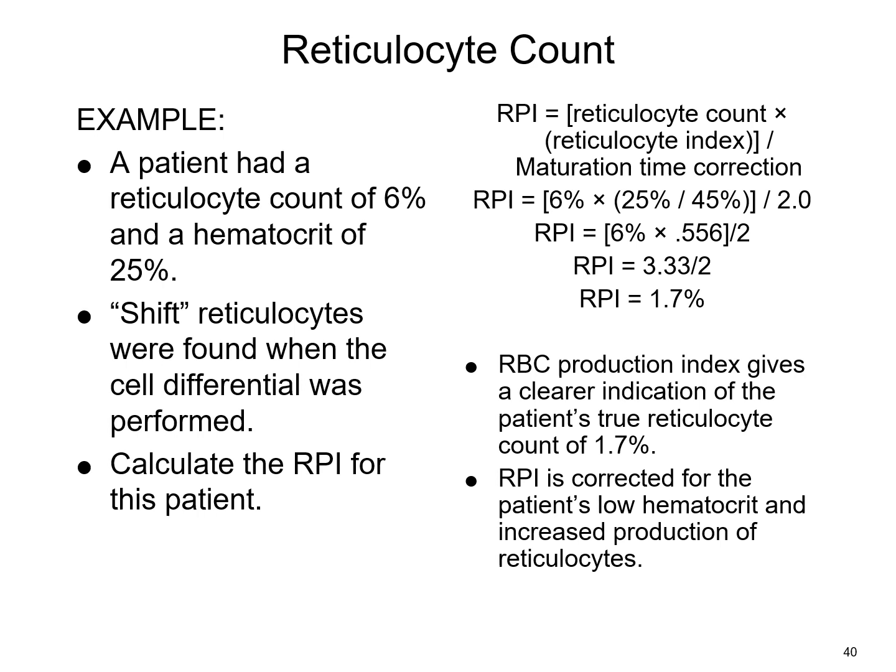Once you plug that in, it gives you an RPI of 1.7%. So the reticulocyte production index gives a clear indication of the patient's true reticulocyte count of 1.7%, corrected for the patient's low hematocrit and increased production of reticulocytes.